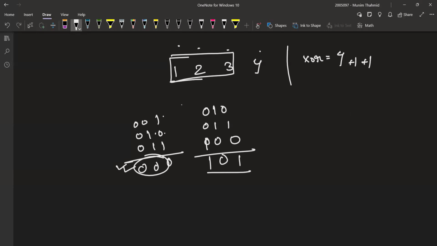Now, what about 1 to 4? 1 0 1 1, number 1 1 1 1. Oh, which is 7. Very interesting. We get 7.